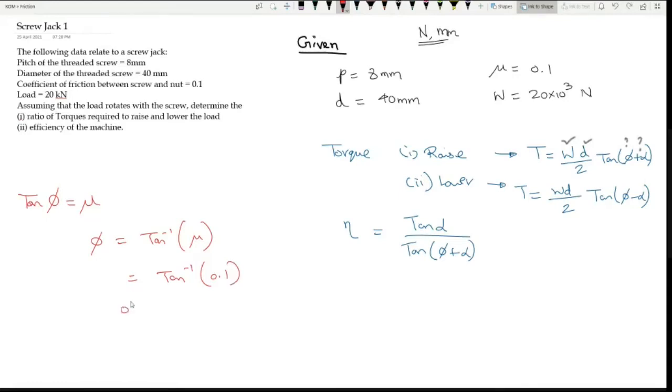So what is your phi? Phi is 5.71 degrees. Okay, very good.